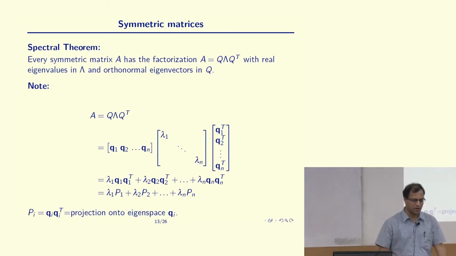This is called the spectral theorem. What I was just saying is that every symmetric matrix A has the factorization A equal to Q lambda Q transpose, with real eigenvalues in lambda and orthonormal eigenvectors in Q. From here, one point you notice: when we write A equal to Q lambda Q transpose, you can also express this as the sum of terms lambda 1 into P1, lambda 2 into P2, up to lambda n into Pn.